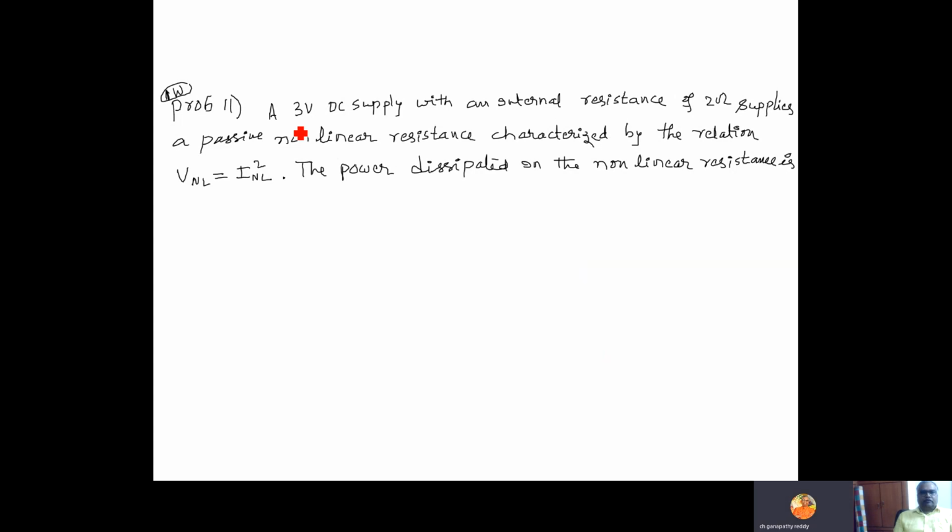A 3 volts DC power supply with an internal resistance of 2 ohms supplies a passive nonlinear resistor characterized by the relation VNL equal to INL squared.